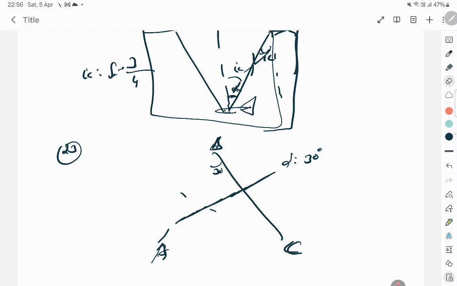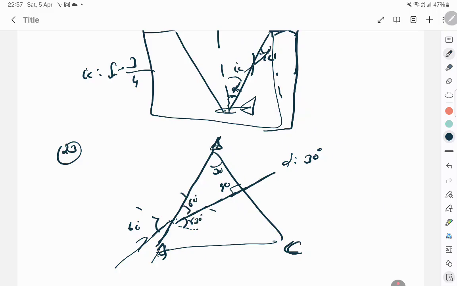Let's draw the incident ray like this. This is the normal, and this is the angle of incidence at 60 degrees. So then you have to find the angle of refraction. Since it's going normally, you know that this has got to be 60 degrees and this has got to be 30 degrees.